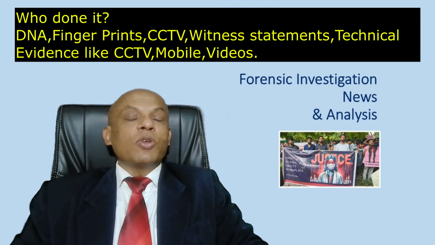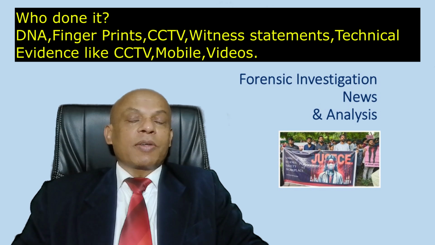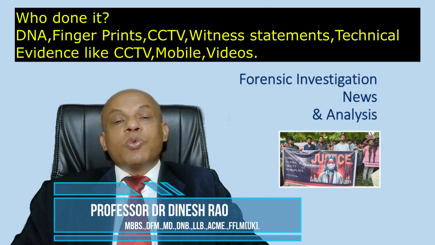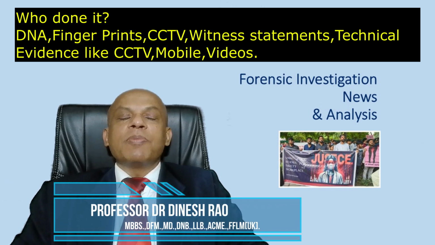And what is the motive? It is another most important part of the investigation. The very important aspect is who done it. That can be confirmed not only by the witnesses' statements but also by reliable forensic evidence.